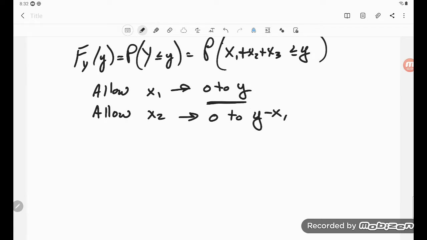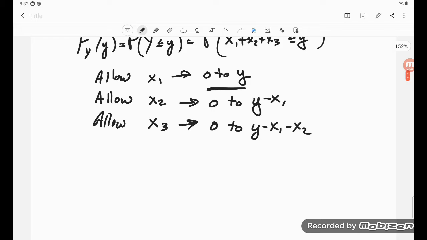Okay, because the two of them, x1 plus x2, can't be any bigger than y. And then of course now we allow x3 to go between 0 and y minus x1 minus x2 is how big it could get.